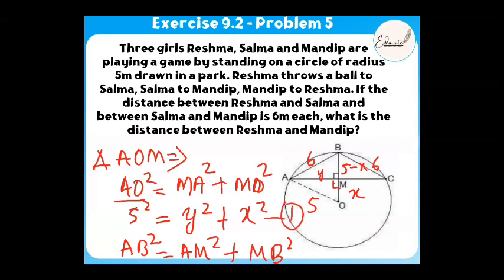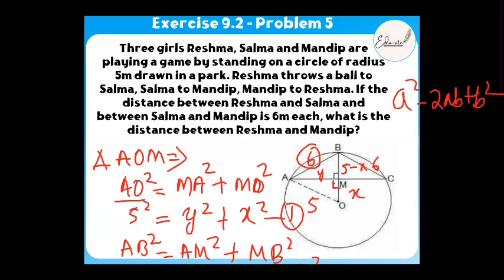And for this one, AB square. AB square के लिए हमने क्या लिखा था? 6 square, right? AB 6 na. What is AM? AM is Y again. AM square is equal to Y square. Plus, what is MB now? MB is 5 minus X, whole square. What is A minus B whole square? Do you know the identities? A minus B whole square is equal to A square minus 2AB plus B square.